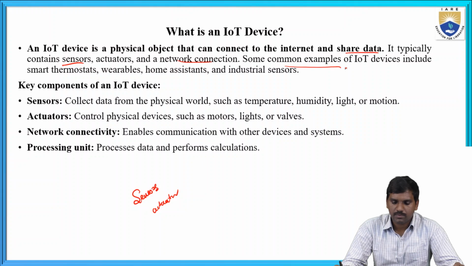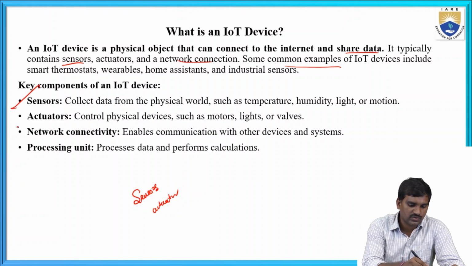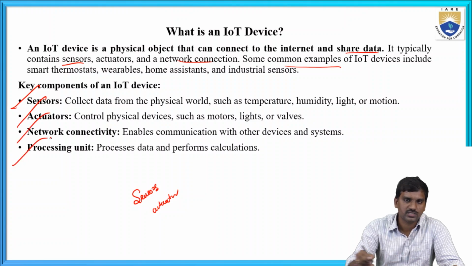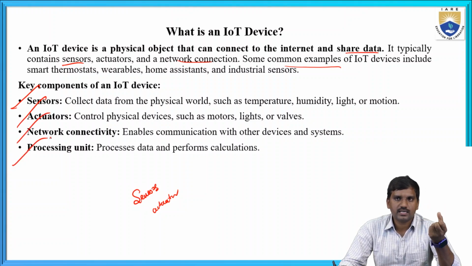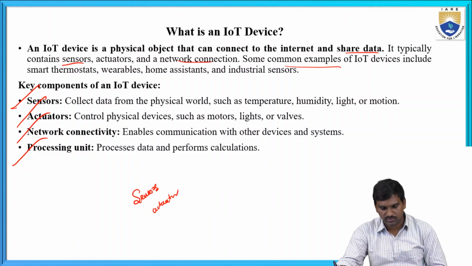Some common examples of IoT devices include smart thermostats, wearables, home assistants, and industrial sensors. Key components of an IoT device: sensors, actuators, network connectivity, and a processing unit. Gather the data, save the data, analyze the data, process the data. So these are some key points regarding IoT devices.